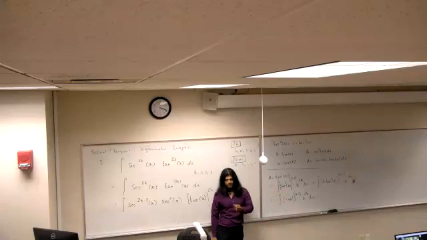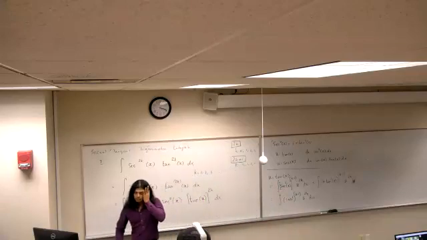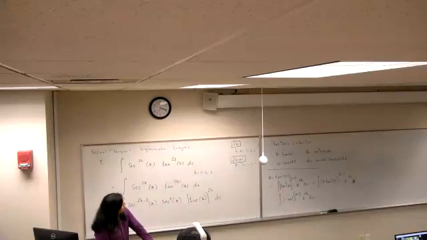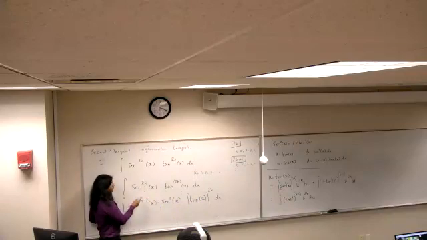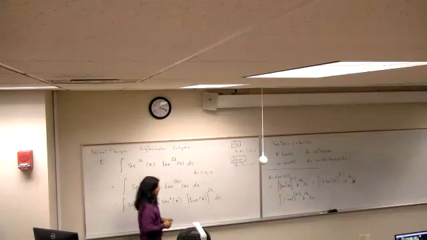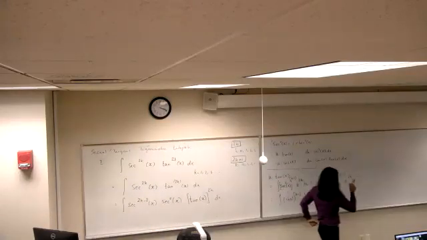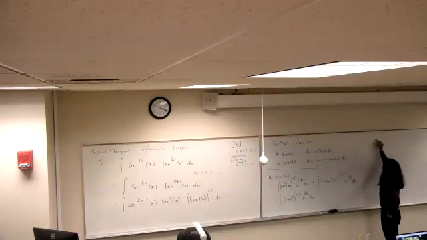Clear? Good? I'm a little confused on how you did k minus 1 from here to there. So I wanted secant squared x, otherwise I can't do the substitution. What is secant squared raised k minus 1?